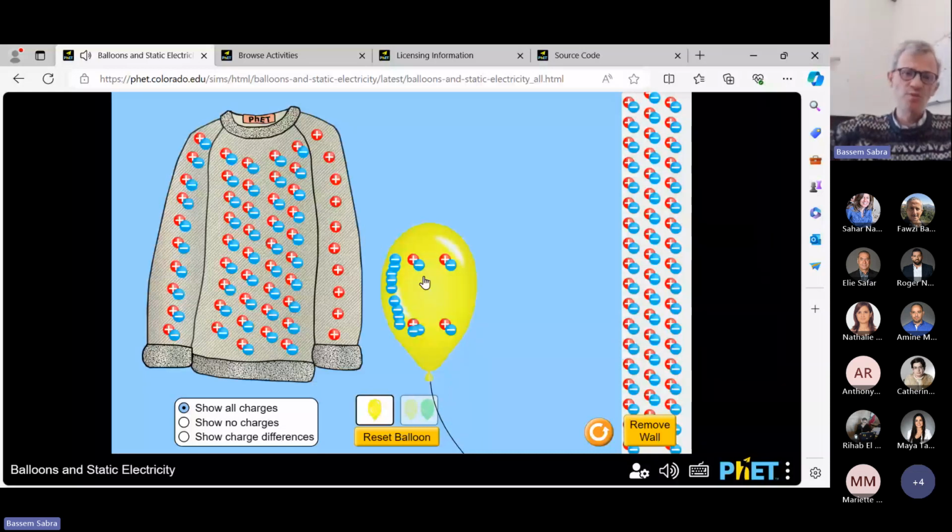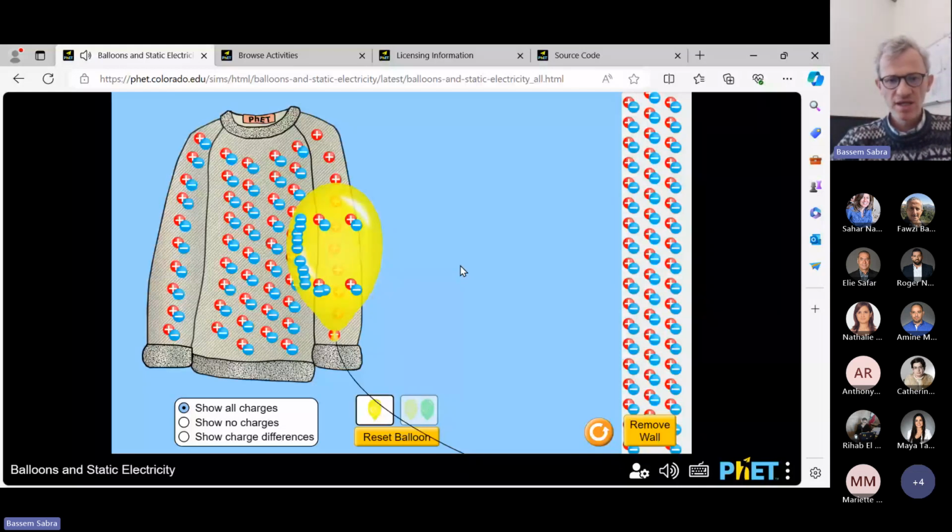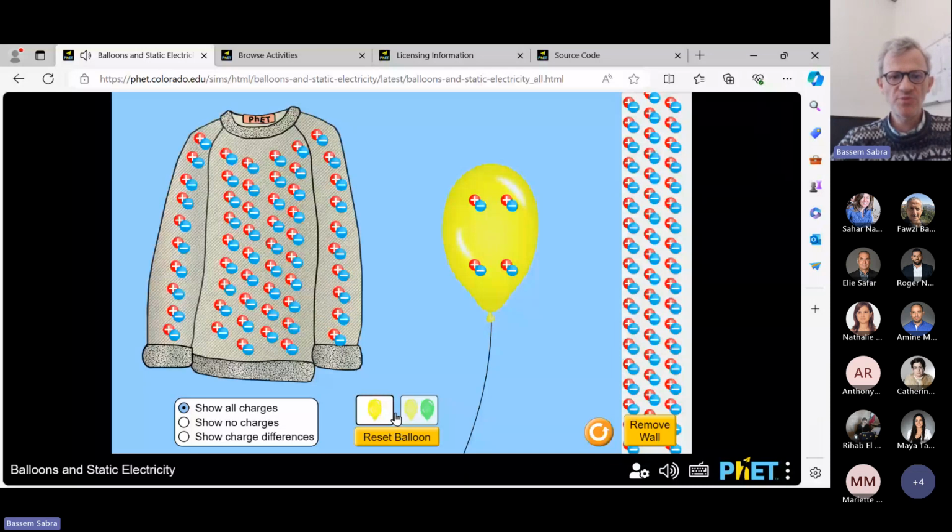It's not just boom, boom, boom, going one factoid after the other. No, I develop things in this way, using these PhET simulations, starting from their everyday experiences, and then putting it into the context of physics. I can get two balloons. Okay, let's see what happens when I get two balloons.